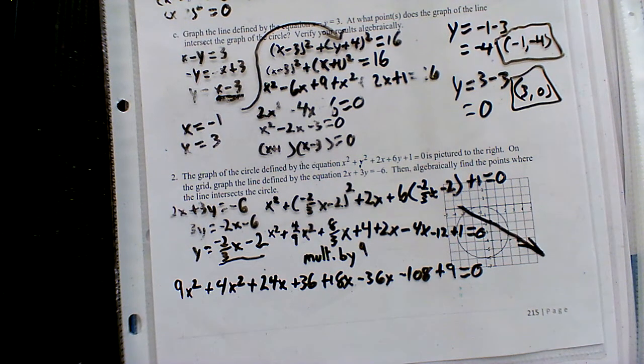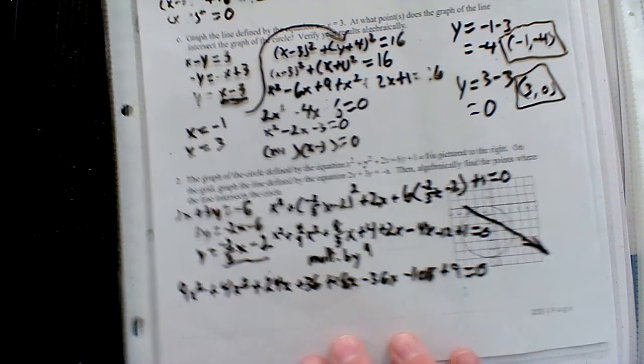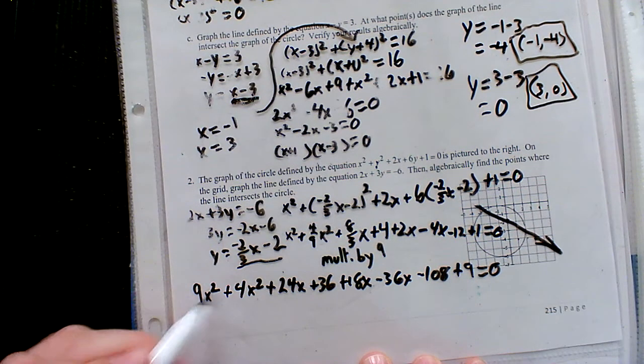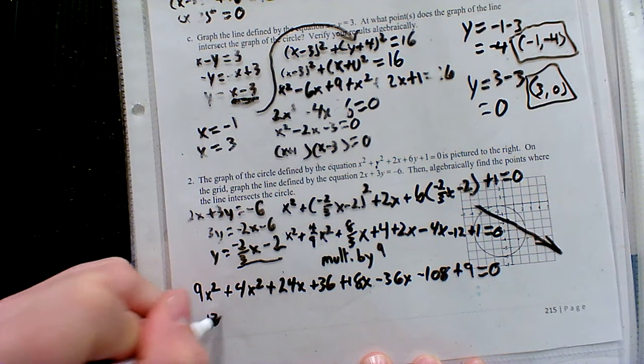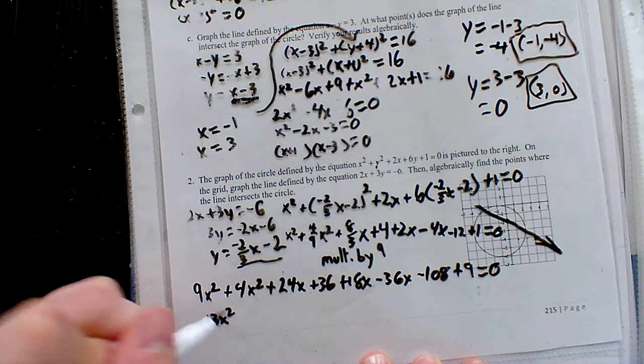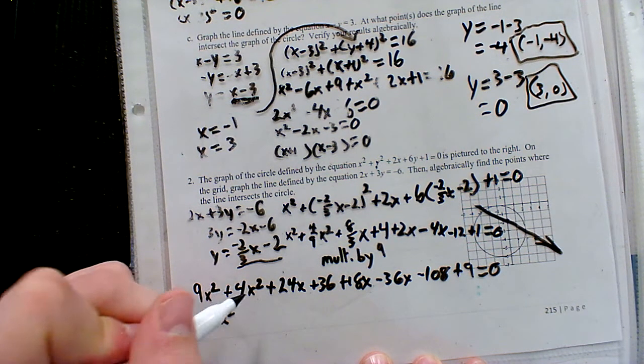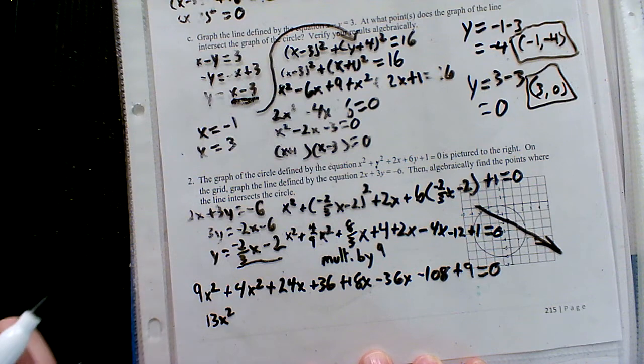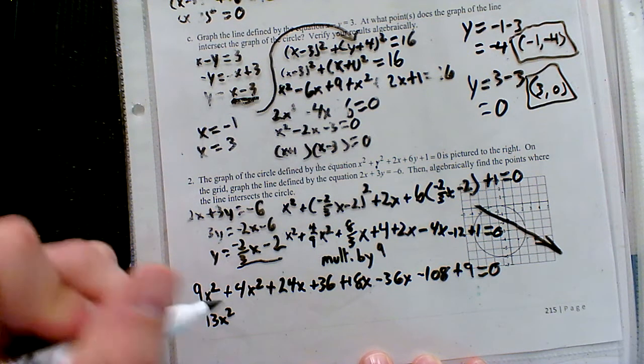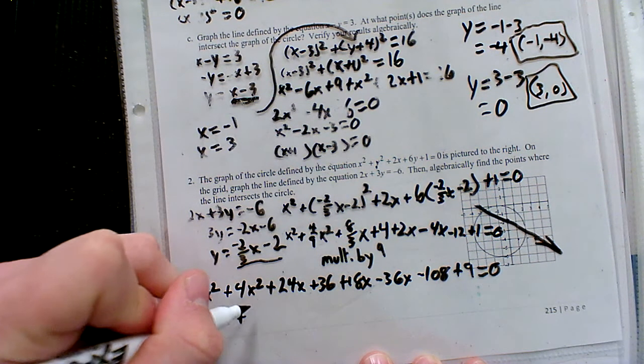Alright, so now we have a lot of terms. We don't have any fractions to worry about, so let's combine all of our like terms, make it a little easier to look at. 9x squared plus 4x squared, you get 13x squared. If you combine your x's, 24x minus 36x, and you have 18x in there, so you get plus 6x.